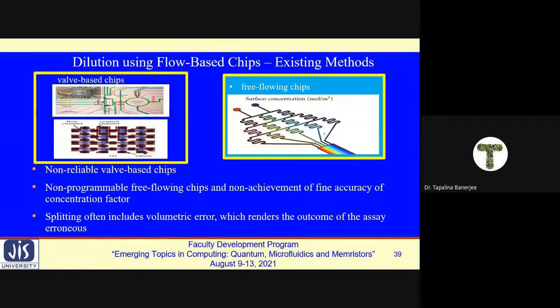Even achieving fine accuracy of the concentration factor is very hard in free-flowing tubes compared to digital microfluidics. Whenever there is splitting, we incur volumetric error also. So this will render the outcome of the assay erroneous.